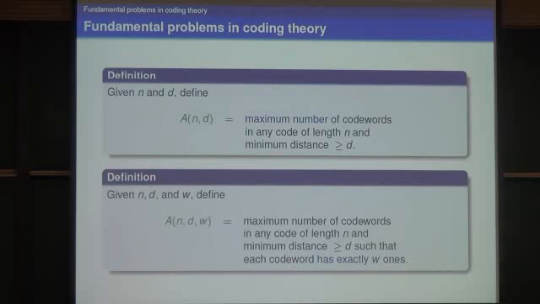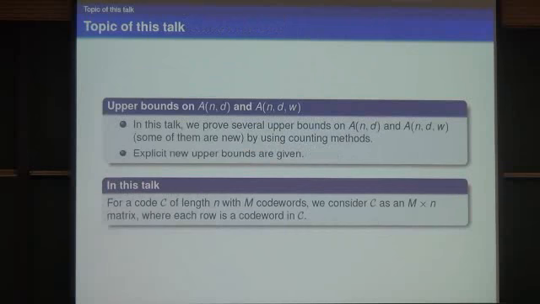But it turns out that determining the exact value of this function is not an easy problem. So people try to get a lower bound and an upper bound of this function. In this talk, we just talk about the upper bound.